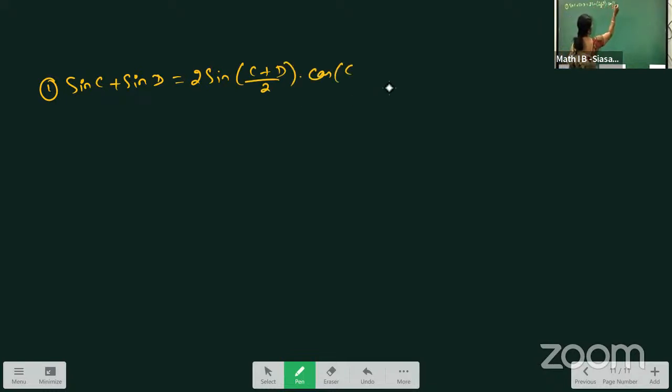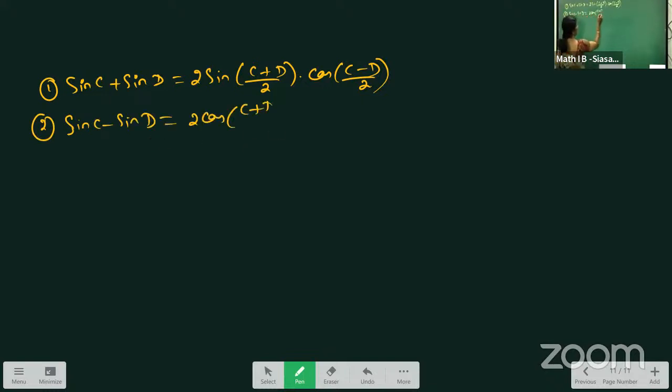First, sin C plus sin D is 2 sin of C plus D by 2 into cos of C minus D by 2. Second, sin C minus sin D is equal to 2 cos of C plus D by 2 into sin of C minus D by 2.